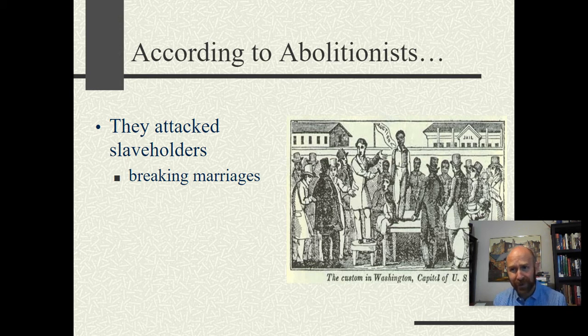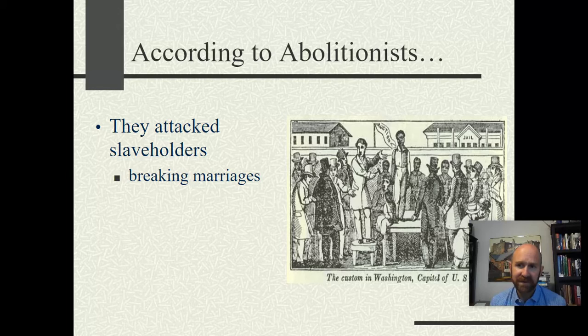Slave owners will kind of encourage their slaves to develop relationships with each other and have these unofficial marriages, because that might end up in children, which means free slaves for them. And so that's an economic advantage to them. They also encourage those kinds of relationships because it allows them leverage. One of the reasons why slavery works is, these plantations that might have 100 slaves on them are located out in the middle of nowhere in the South, and the white families that own these slaves are going to be completely outnumbered.